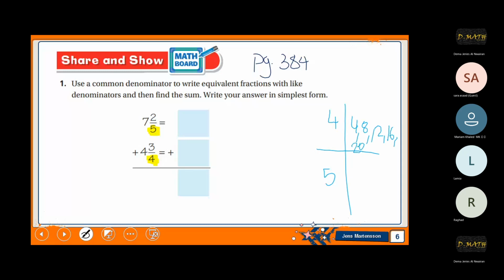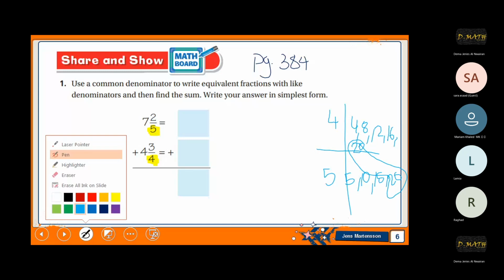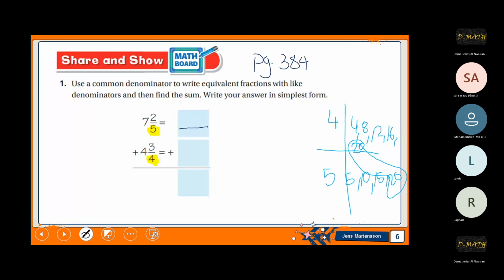Multiples of 5? 20. Is there any common? Yes, 20. So here we have 20. What is the number that I multiply by 5 to get 20? 4. I multiply up by 4, and here by 4.